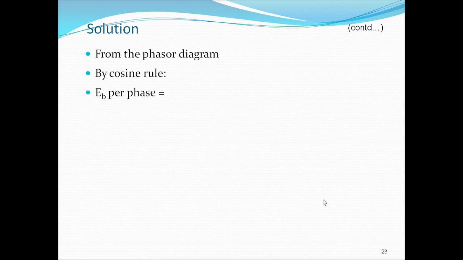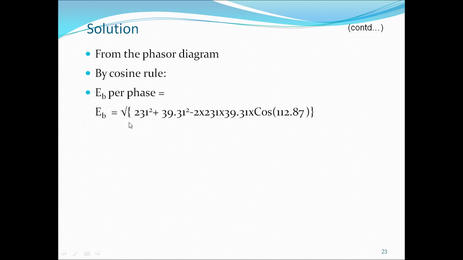Next, from the phasor diagram, by cosine rule, EB is equal to square root of V square plus ER square minus 2 into V into ER into cos theta plus phi.